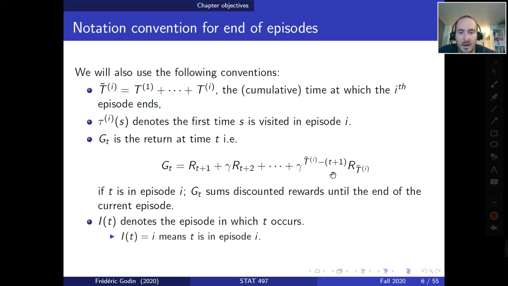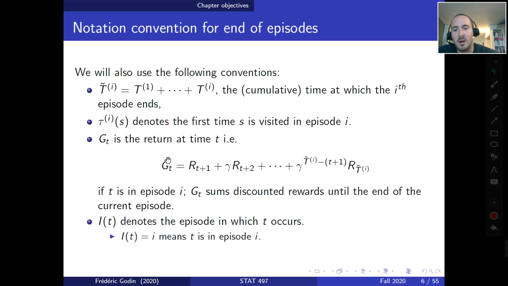So we're going to assume that if t is in episode I, then this T tilde will be T tilde I. So this is the time of the last time step in the episode minus the current step, times the terminal reward.